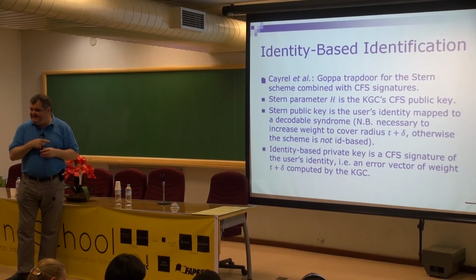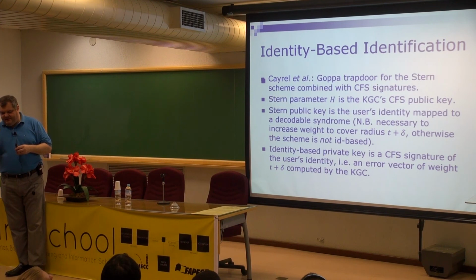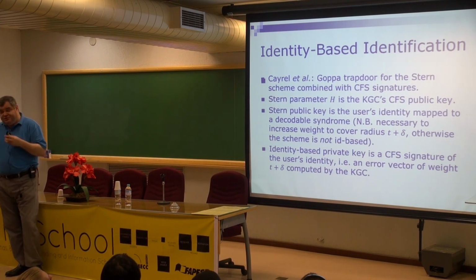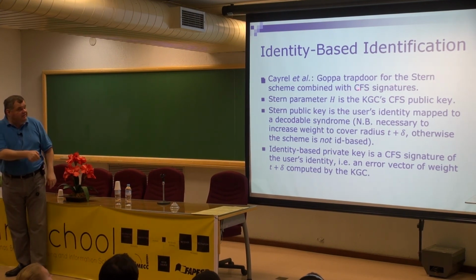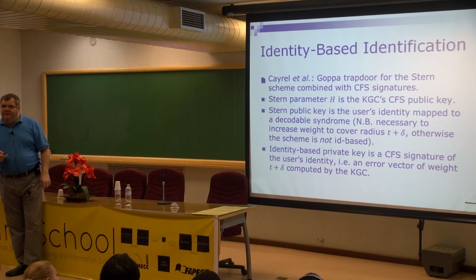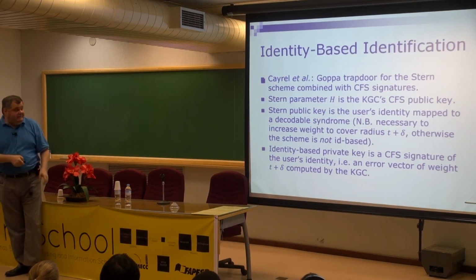What if we had a trapdoor there? What if a trust authority, a key generation center, does know a trapdoor because the code is not a random one, but a Goppa code? Then we can compute private keys from public keys.